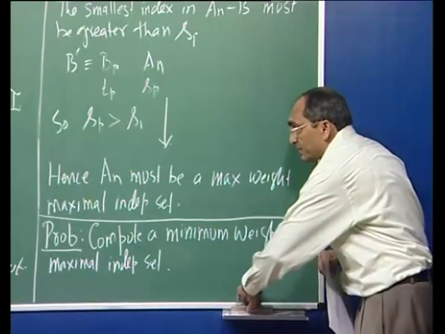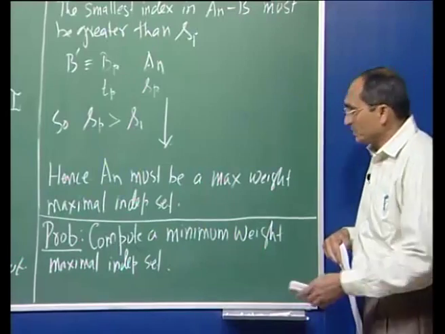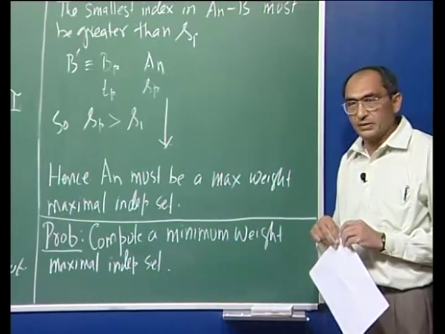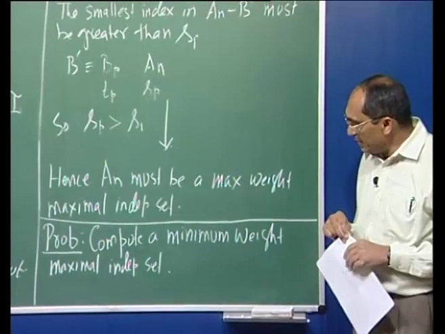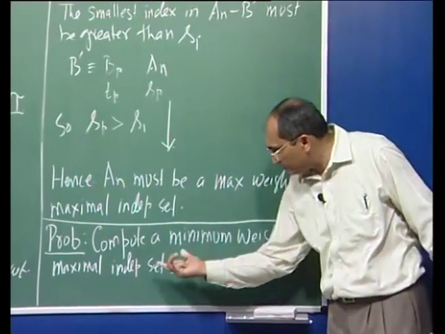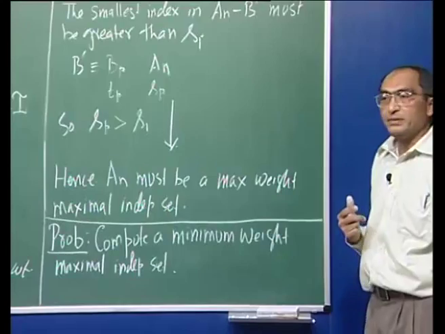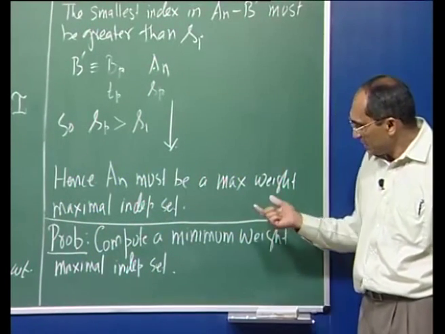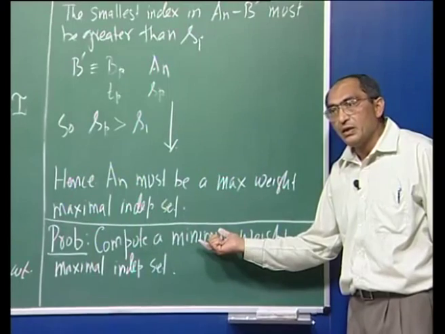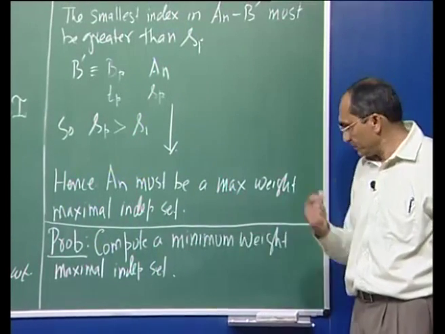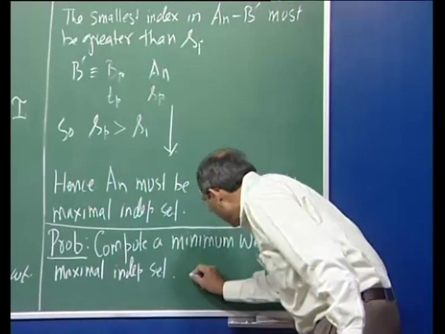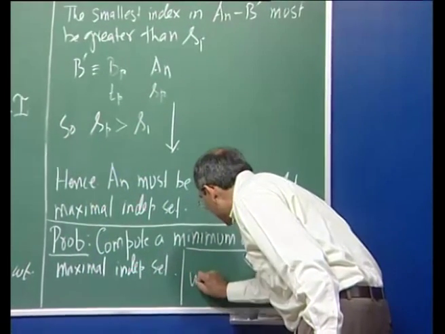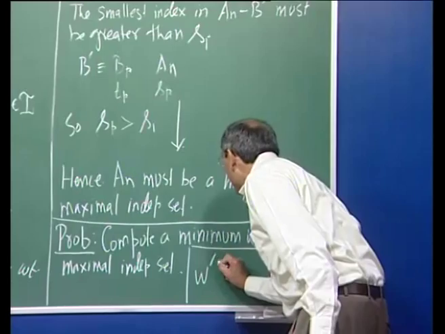Now, the answer is very simple. Observe that we are free to choose negative and positive weights. Hence, we can actually invert the weights. If we replace the weights by their negation. So, suppose I define a new matroid where the weight function is different, everything else is same.